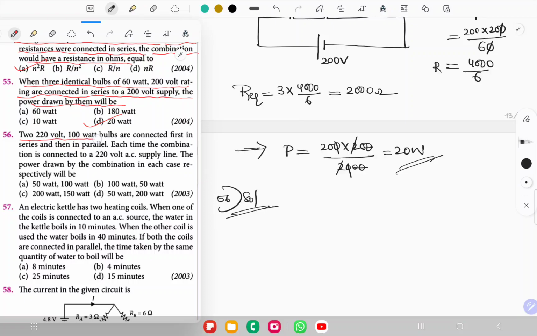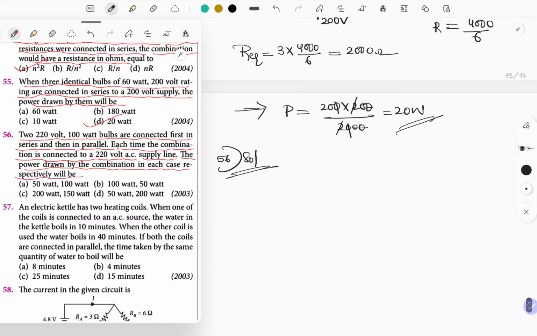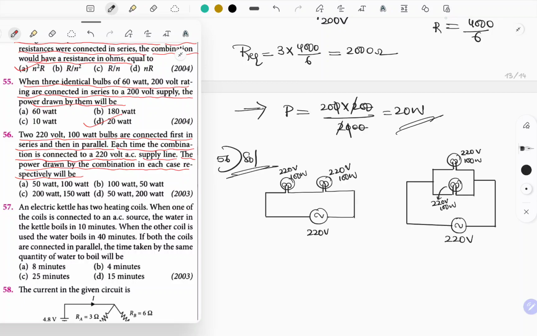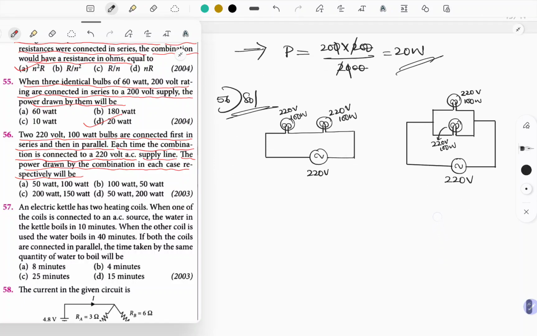Two 200 volt 100 watt bulbs are connected first in series and then in parallel. Each time the combination is connected to a 200 volt AC supply, the power drawn by the combination in each case is respectively. Okay. I have a direct formula to answer this question.